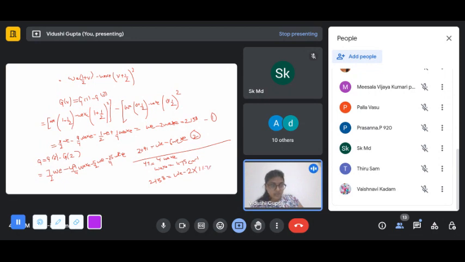So from that you will calculate the value of omega e, and omega e will be 2161.5 centimeter inverse.